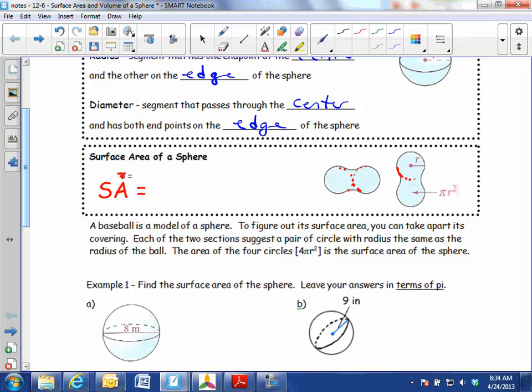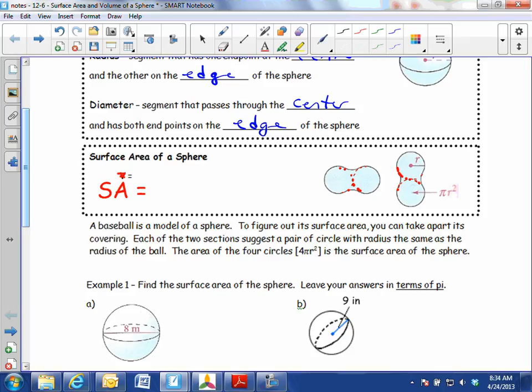Okay, so they kind of look like a circle, right? Alright, so if we find the area of one of the circles and we take it times 4, we're going to get the area of all the pieces. I know it doesn't look like it. I know it looks like there's extra pieces here, but it's really not.